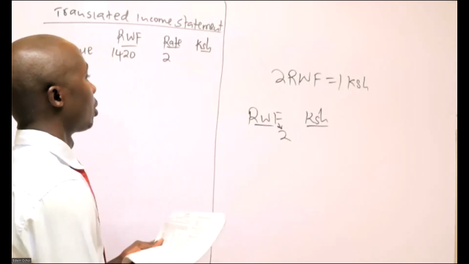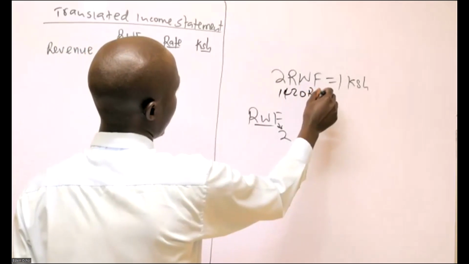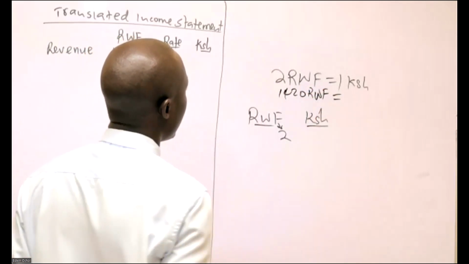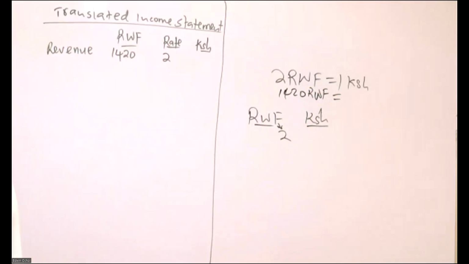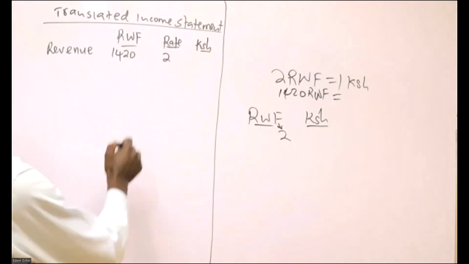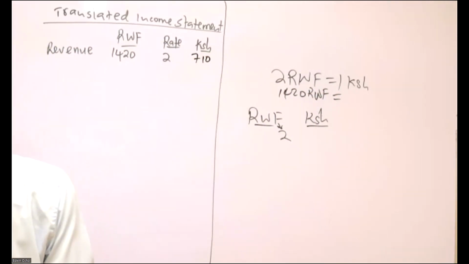So I was trying to explain about this. What about 1420? You know that 1420 is in Rwandanese francs. So when translating Rwandanese francs to Kenyan shillings, we are supposed to divide. So 1420 divided by 2 is 710.